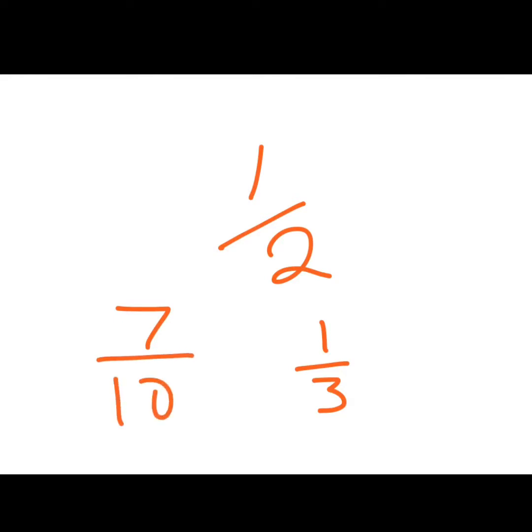Plus a fraction, for example, half, 1/3, 7/10. And if you have the whole number mixed with the fraction, then you end up with a mixed number.